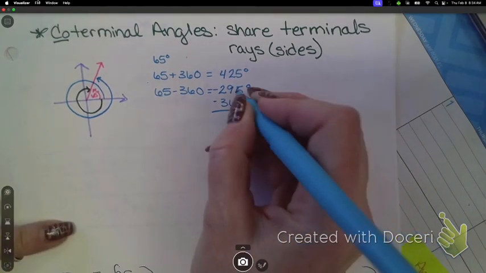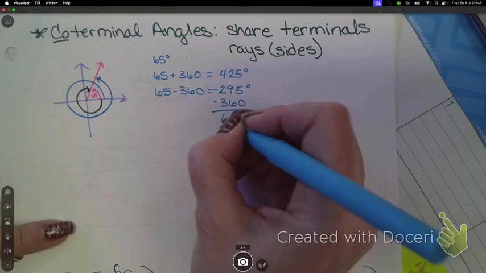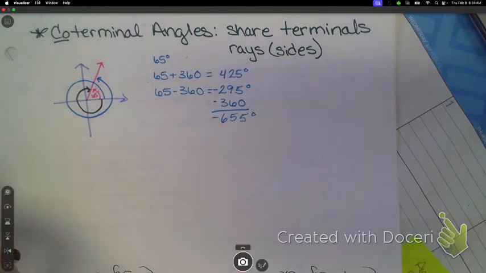So I'd have negative 655. Is anything going to stop me from continuing to go a positive 360 or negative 360 to find coterminal angles? No. There is an infinite amount of coterminal angles.